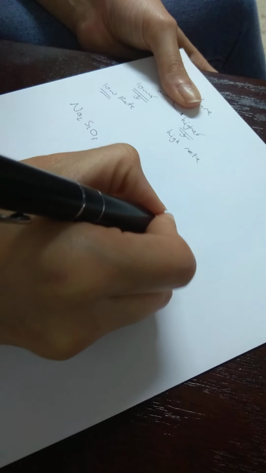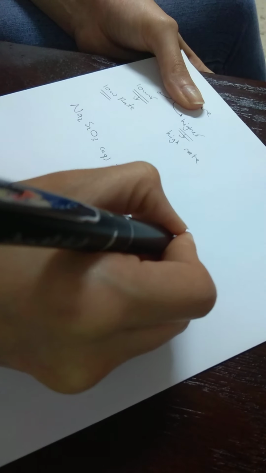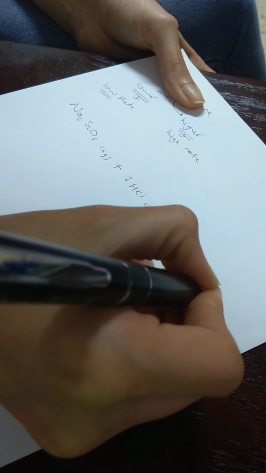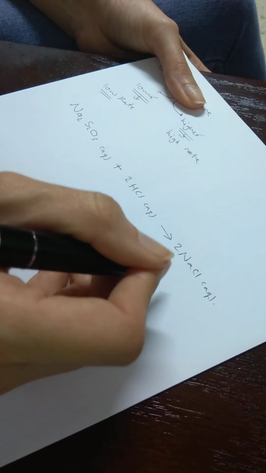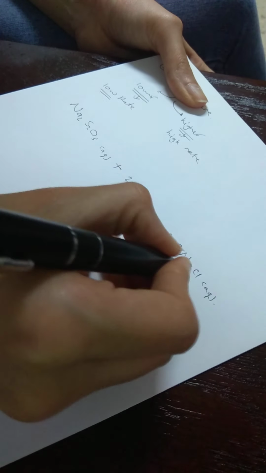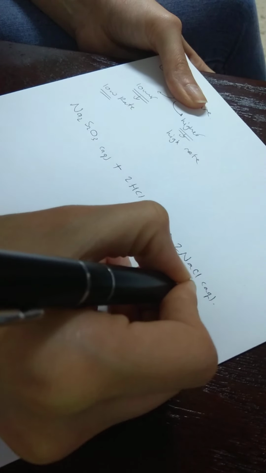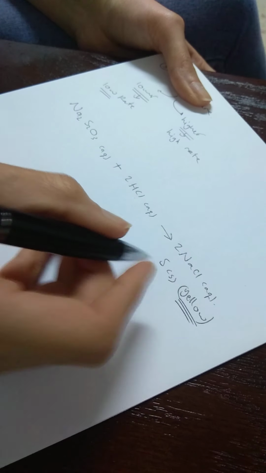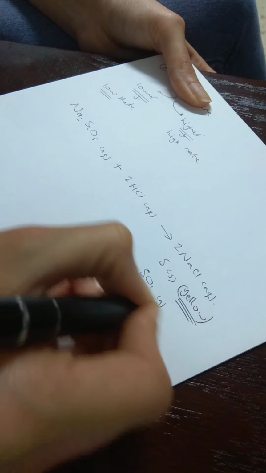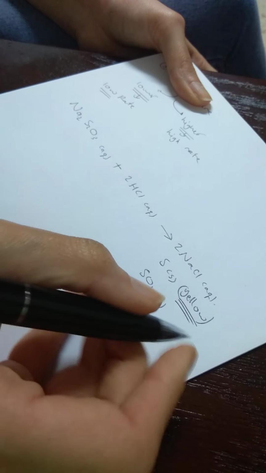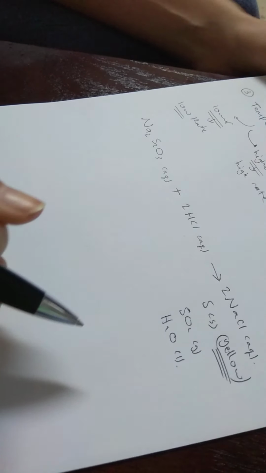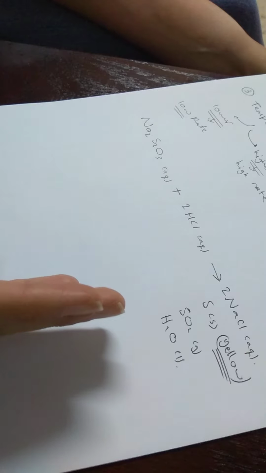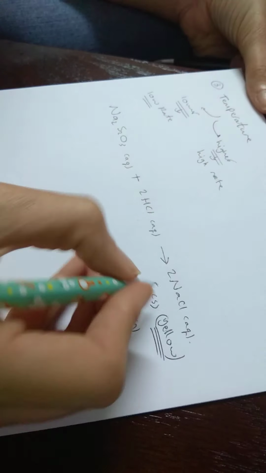If you mix these two solutions, you will have NaCl, aqueous, and S, solid, which is a yellow solid, SO2 gas, and H2O, liquid. Now, the observation that you have to see in this reaction is the formation of the yellow solid sulfur.